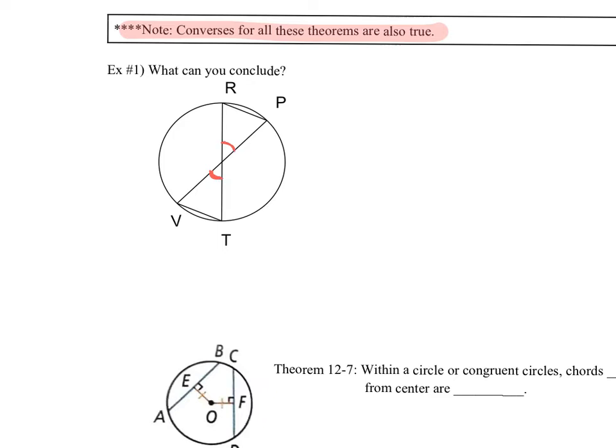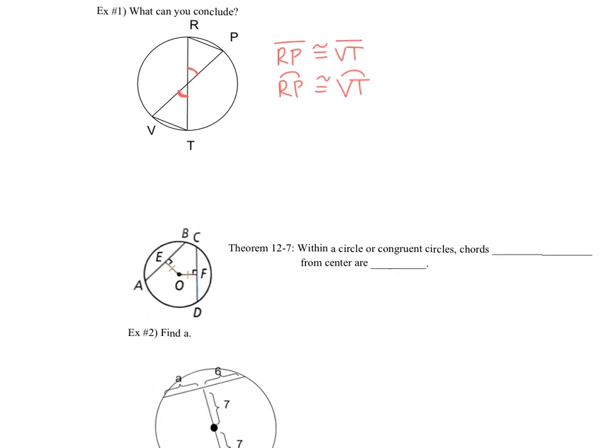So because these are congruent, chord RP will be congruent to chord VT, and arc RP will be congruent to arc VT. Okay, so arcs, angles, and chords, if they are congruent, the rest of them are congruent. So that's that one.